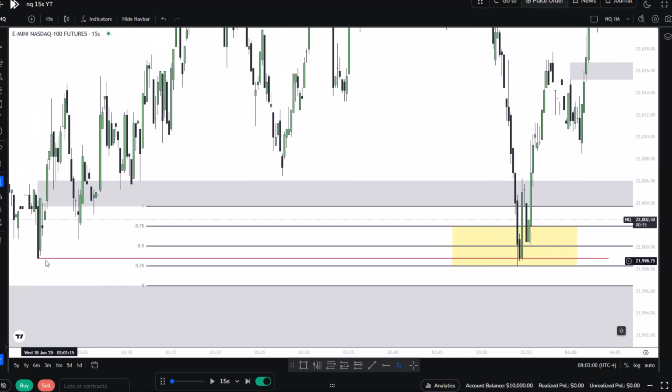Also see the low, the bodies respecting the low, and then the displacement originating from the low up. These are the fine details that nobody in the trading space talks about, okay? Nobody talks about this, but this is immediately increasing your probabilities for a successful long.